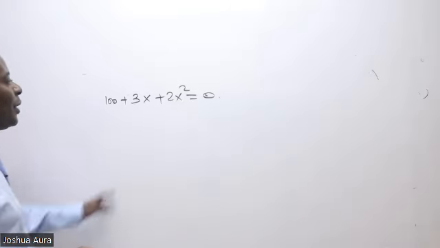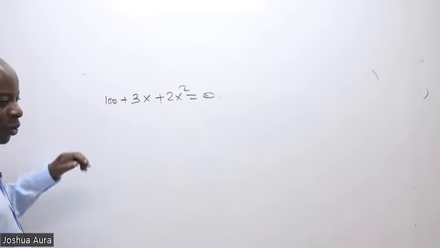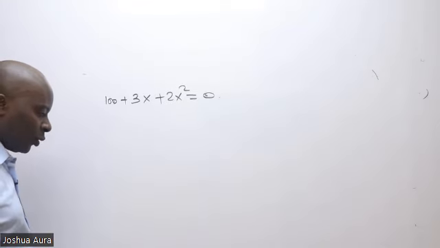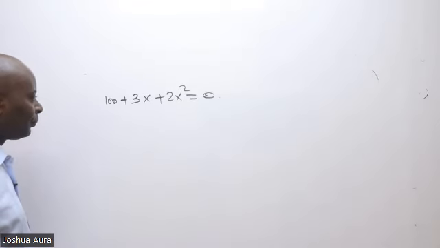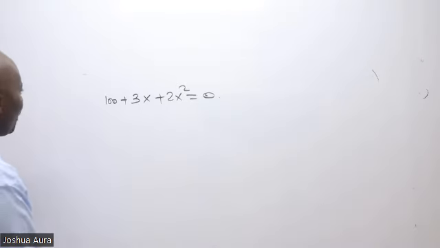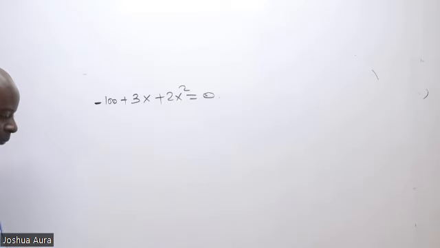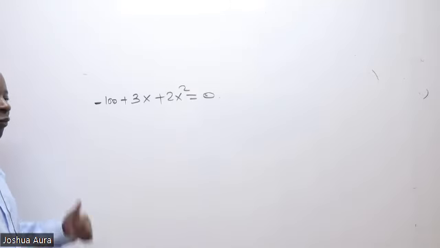This is an equality, so they would want you to go ahead and solve for x. Okay, so allow me to make this negative 100 right there. So go ahead and solve for x. It's a quadratic equation. It's a polynomial function.